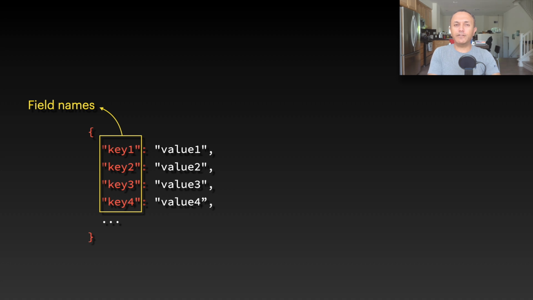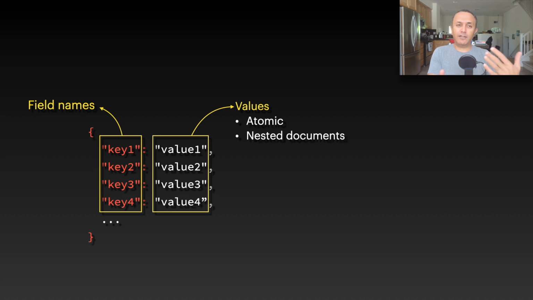The keys are field names. The values could be anything, pretty much could be atomic values like strings or numbers or dates and whatnot, but they could also be nested documents, and they could also be arrays. So we could have an array that has strings in it, or we could have arrays that have other nested documents and so on. So it's very flexible.